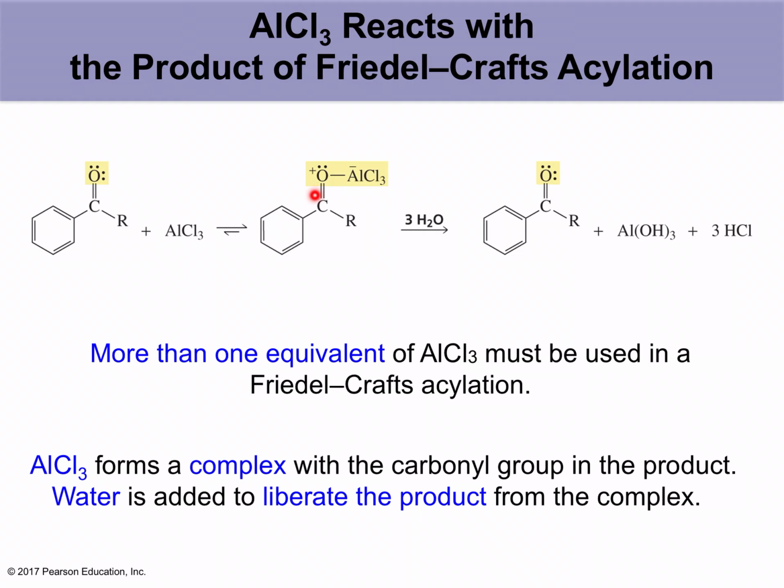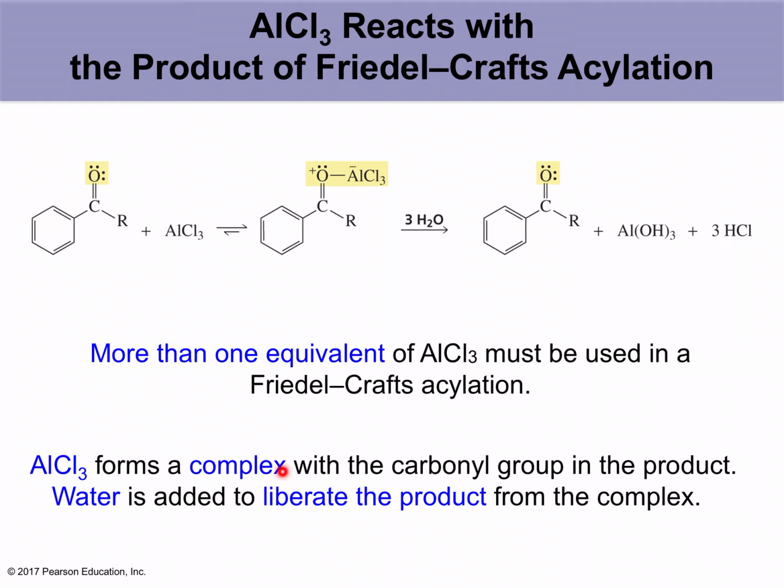Because of that, normally more than one equivalent of aluminum chloride must be used in a Friedel-Crafts acylation. If you use a 1:1 ratio, one aluminum chloride will help you get to the acylated benzene ring, but another one will go and sit next to the oxygen, forming a Lewis acid-base complex. Then we will end up having more of the benzene rings to be acylated, but we will not have enough of these. As a result, normally we need to use more than one equivalent of aluminum chloride in order to have a complete reaction.